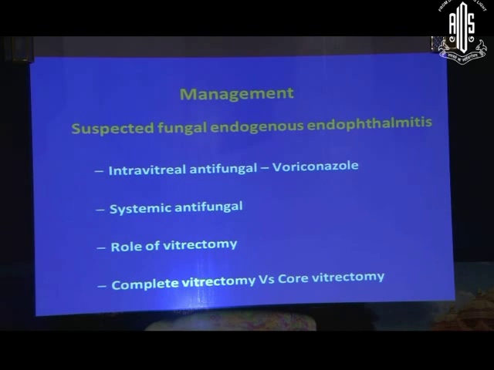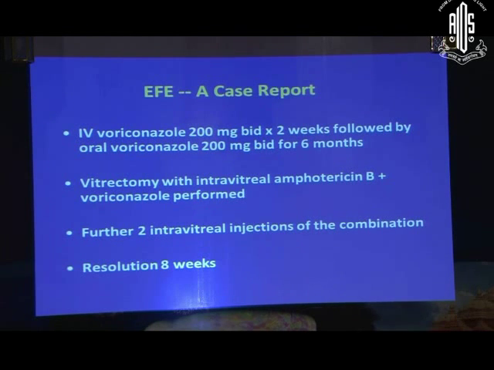These are suspected fungal endogenous endophthalmitis cases. The intravitreal antifungal agent voriconazole could be given, and systemic antifungal agents are also given. There is a definite role of vitrectomy in fungal endogenous endophthalmitis. This is a case where voriconazole 200 milligram BD was given for 2 weeks, followed by oral voriconazole 200 milligram BD for 6 months.